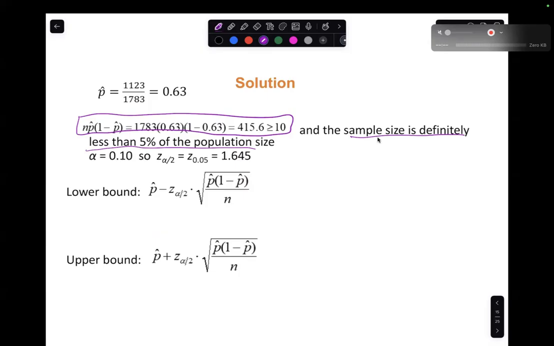And they showed z sub alpha divided by 2. We got that. Technically, when you have numbers here, you can put the entire thing into your calculator. These are the same numbers we just did.